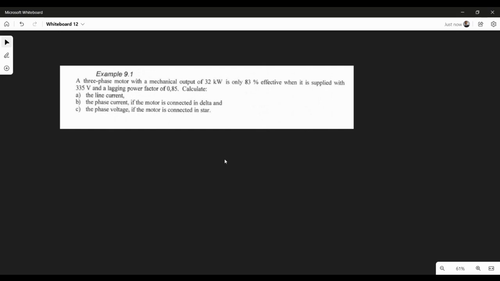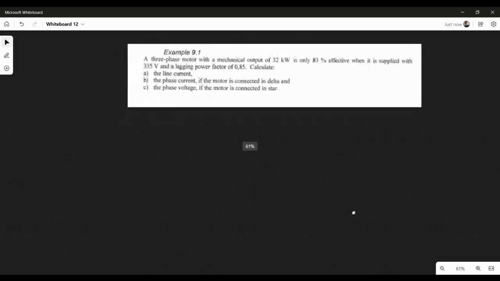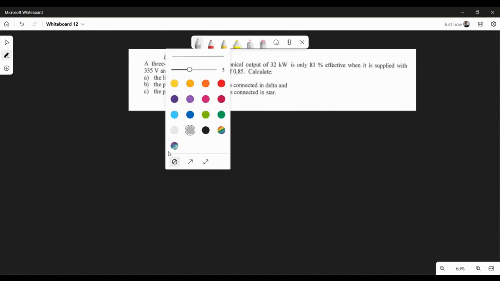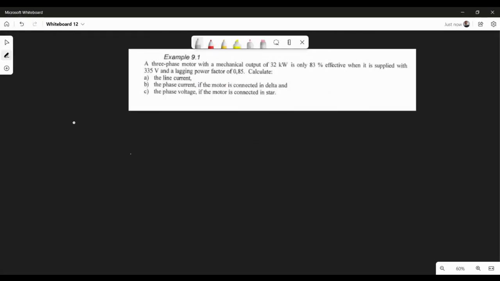So yeah, we'll be solving a few problems. I'm just looking for my book. Okay, I don't actually need my book. Okay, so first things first. So it's connected in star. Just give me a moment. Oh, the pen is not activated. It's activated now.